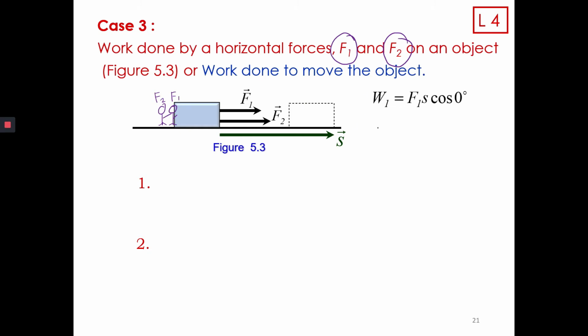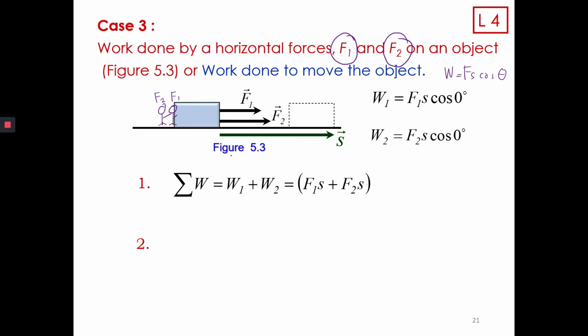Let's look at them separately. Work done by the first person: W1 equals force from person 1, F1, times S cos 0. Remember, the formula for work done is Fs cos theta. Because your force is parallel to the displacement, W1 is F1 S cos 0. W2 equals force from the second person, F2 S cos 0.